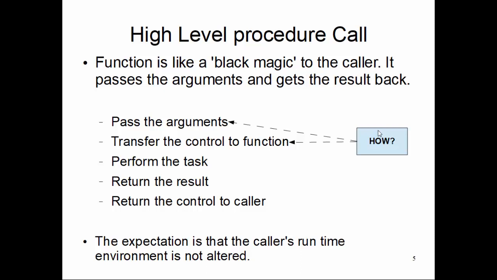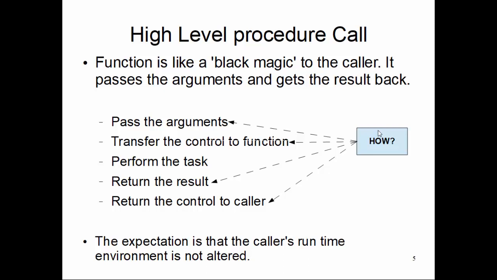Then we also need to know how we return the result, and how to return to the caller. In the high level, we kind of assume that after the function call is done, we just get back to the next instruction that the high level program has, right?